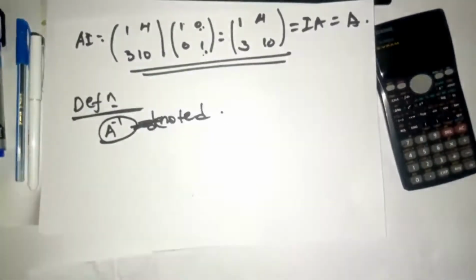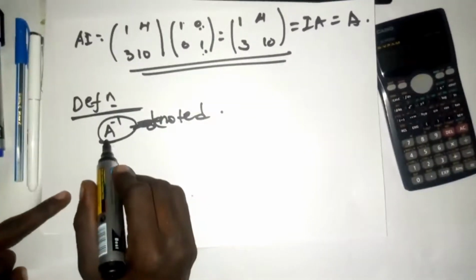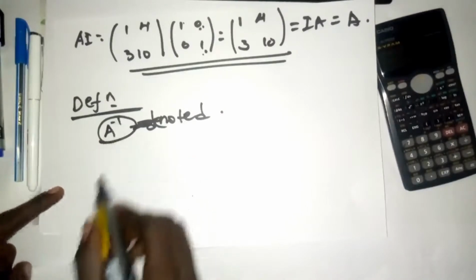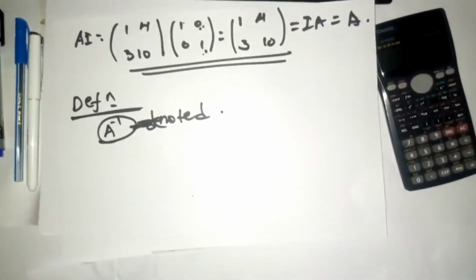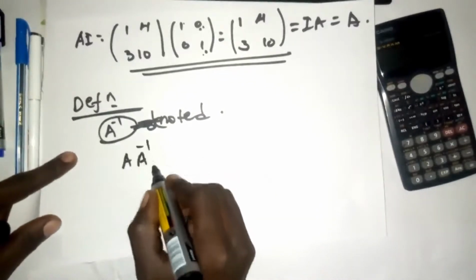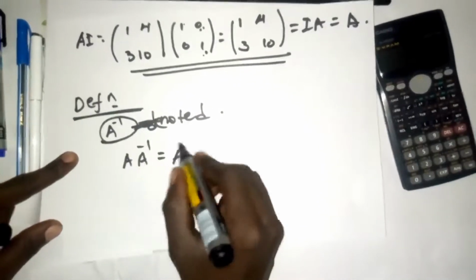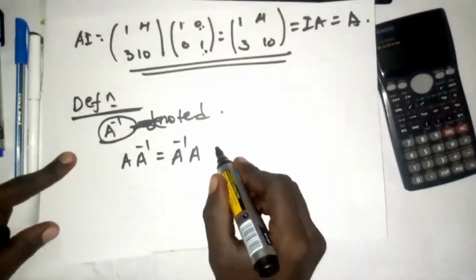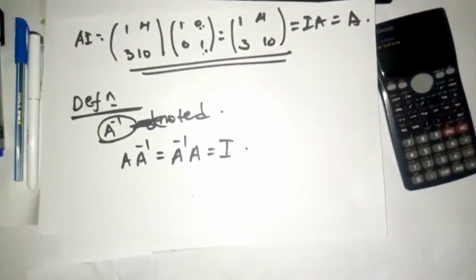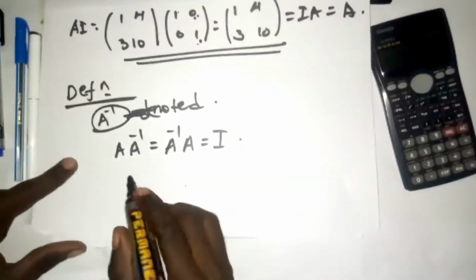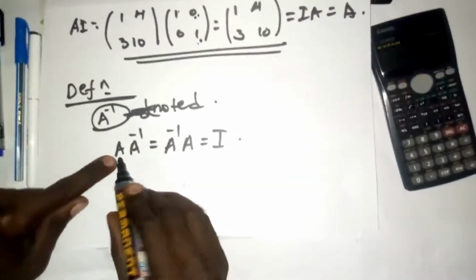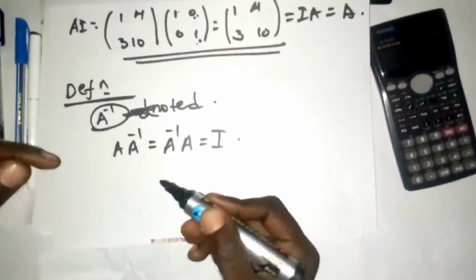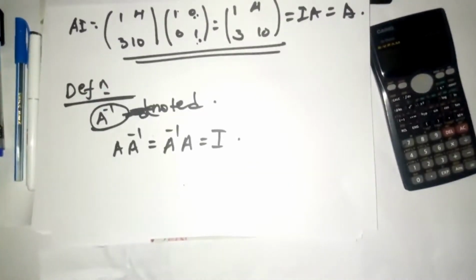The inverse of a matrix A is a matrix A inverse such that A multiplied by A inverse gives you A inverse multiplied by A, which will give you an identity matrix. That is the definition of the inverse of a matrix, meaning that to prove a matrix is really the inverse, I have to multiply it by the original matrix to get an identity matrix. Hope that is making some sense.